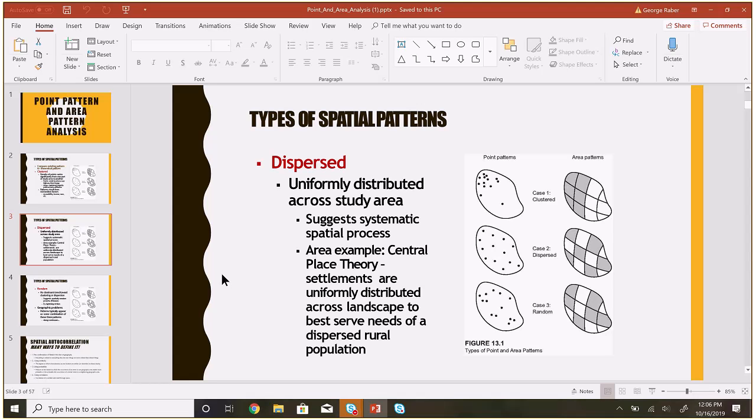But more often than not, we're really comparing these things to random because it is perhaps easy to see that it could be clustered or it could be dispersed. But is it likely that it's just a random pattern? In other words, the question we're really asking is, is the pattern that we see the result of some spatial process that created it, or is it totally random?